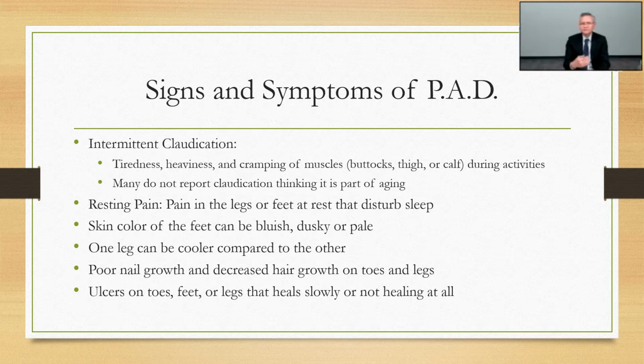And usually it's very predictable. If you walk 50 yards and you develop pain, you rest, the pain goes away, and you walk another 50 yards, the pain will typically happen again. So if you have pain after walking 50 yards, you typically will be able to reproduce the symptom every time you walk that same distance.